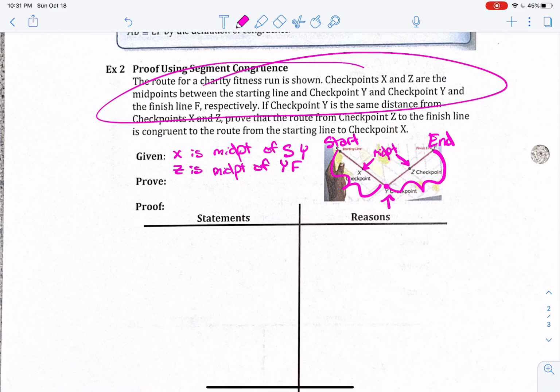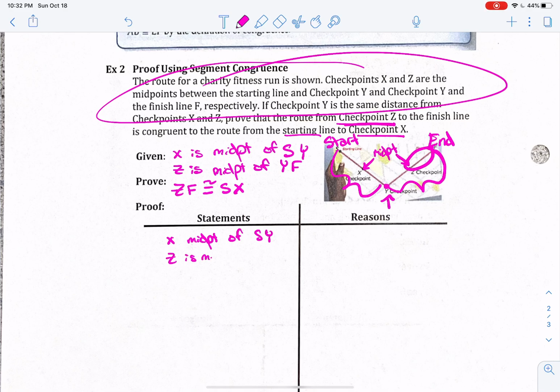Okay, prove that the route from checkpoint Z to the finish line is congruent to the route from the starting line to checkpoint X. So checkpoint Z to the finish line would be ZF. We're trying to prove that ZF is congruent to the starting line to checkpoint X, so that's congruent from S to X. Okay. All right, so let's start with our given. X is midpoint of SY, and Z is midpoint of YF.